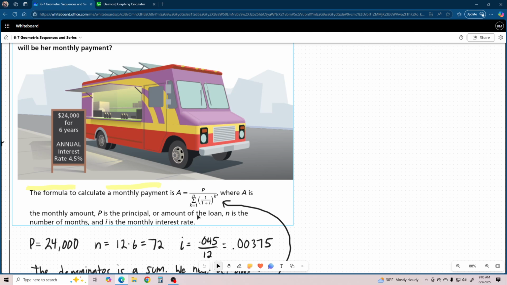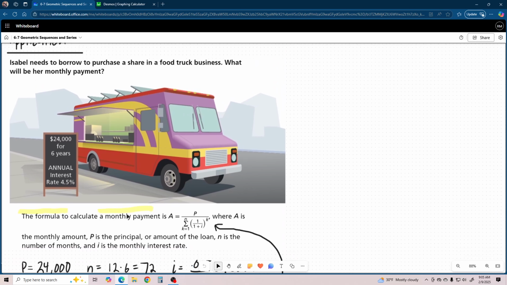Now these things are critical to understand. We're calculating the number of months, and the monthly interest rate. I wanted to highlight these because up here it gives us some of these numbers. It says 24,000 for 6 years.